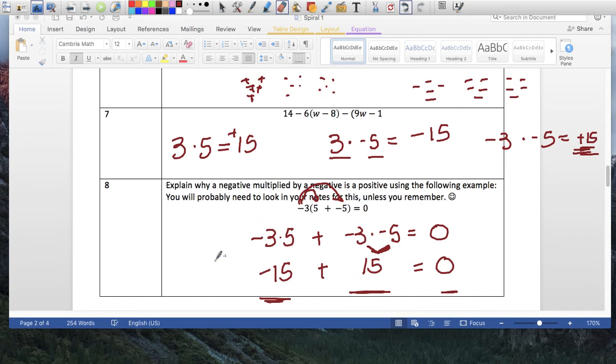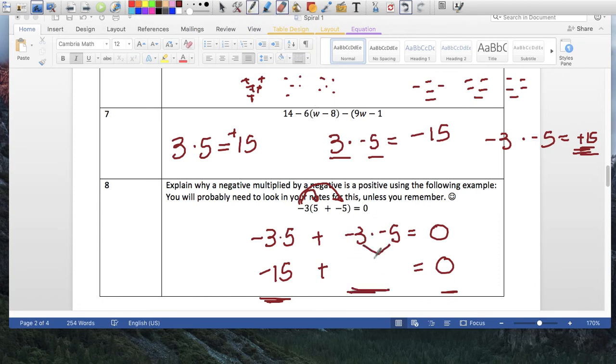So a negative times a negative, in this case, we're showing you that it had to be a positive in order for our original sentence to remain true, which has to be that -15 plus 15 equals 0. Okay, so this is one way of proving it using the distributive property. So again, up to this part, we were okay, right?